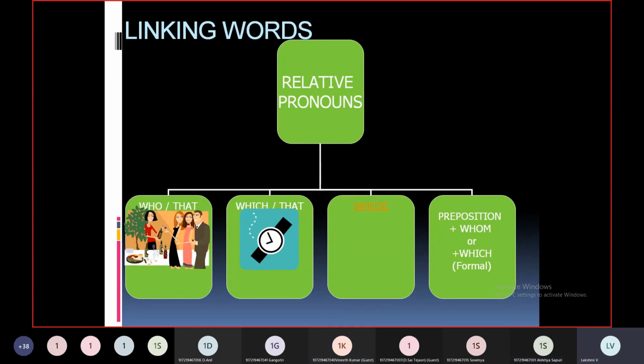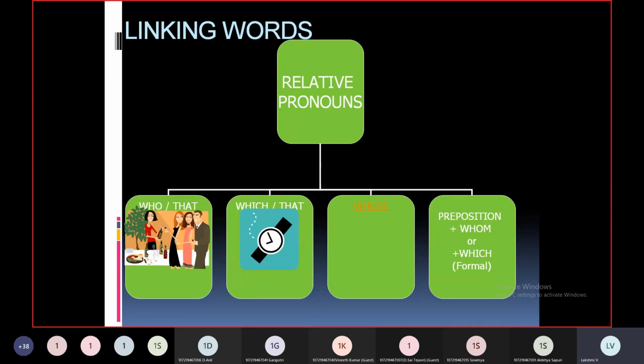So can we go with the relative adverbs? Relative adverbs are the ones which talk about place, time, and reason. Relative adverbs give you the information about the place, time, and reason.